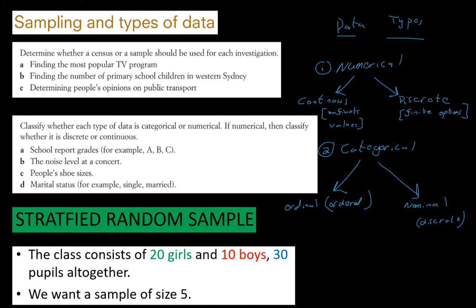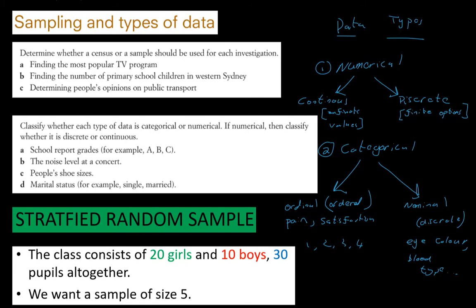The ordinal data has a hierarchy, i.e. a satisfaction table where we rate something 1, 2, 3, 4. Nominal discrete has no hierarchy. So eye color, blood type, and so on and so forth.